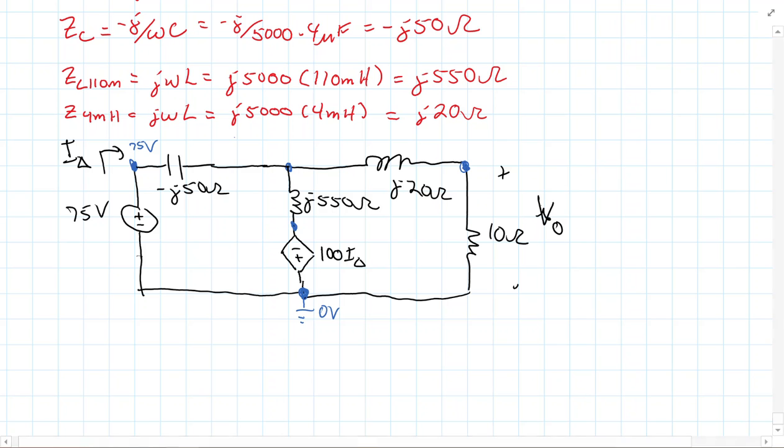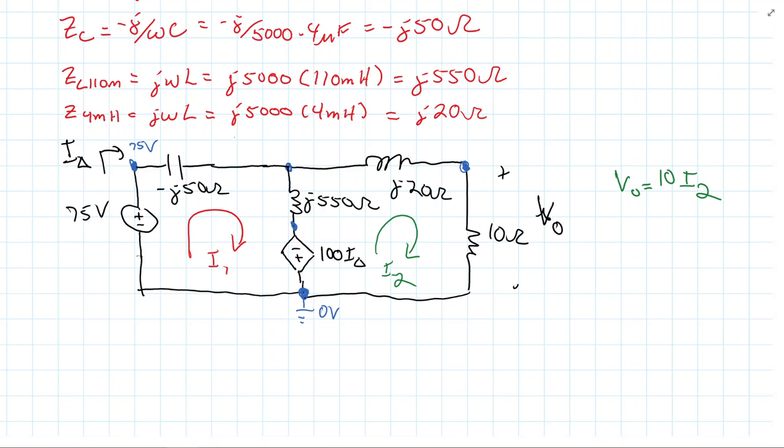So let's see maybe if there's another way to do this. Well, if I look at loops, for instance, and I say I have a loop here, I1, and then I have another loop, I2, that gets me I1 and I2, and we can clearly see that V out is just simply 10 times I2. I mean, that's just Ohm's law. So let's go ahead and do loops here.